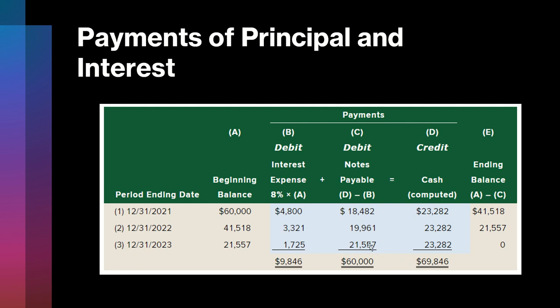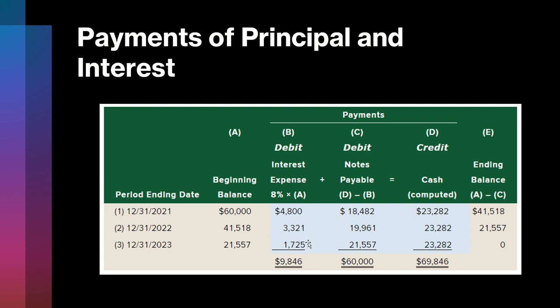And as you can see here, of course, in year 3, more of the cash payment of $23,282 went towards the principal amount, and less of the cash payment went towards the interest expense. So you can see a pattern here.